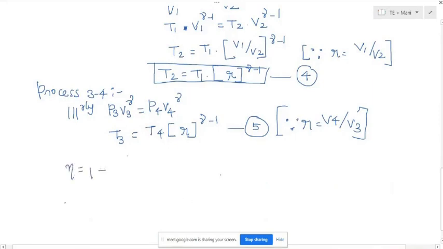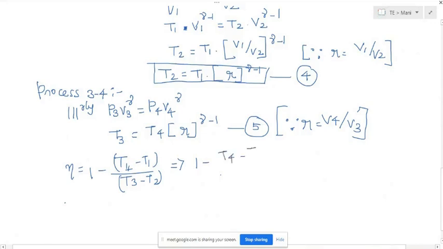One minus, actually T4, sorry, T4 minus T1 divided by T3 minus T2, right? So 1 minus, instead of T4, you can keep it as T4.